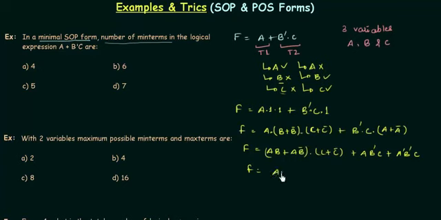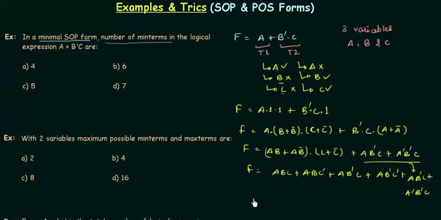We have A B C, A B C complement, A B complement C or A B complement C complement, and these 2 terms will come as they are, A B complement C or A complement B complement C.